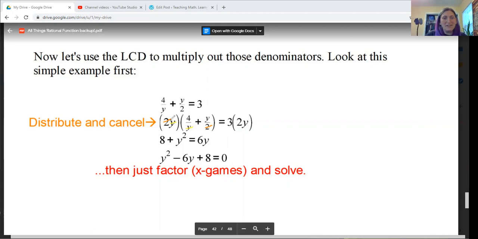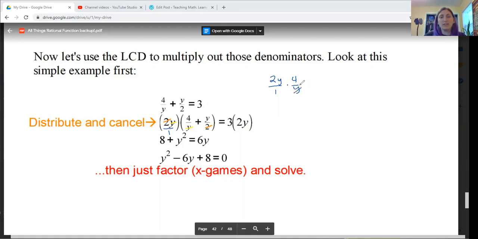When I multiply 2y times 4 over y, because remember this is 2y over 1, and we're distributing, I'm just doing the first term now. We have 2y over 1 times 4 over y. I'll write it out over here. This is less messy looking. 2y over 1 times 4 over y.